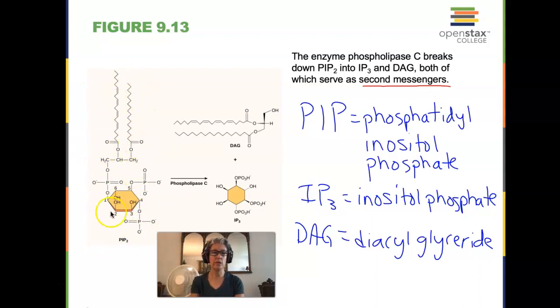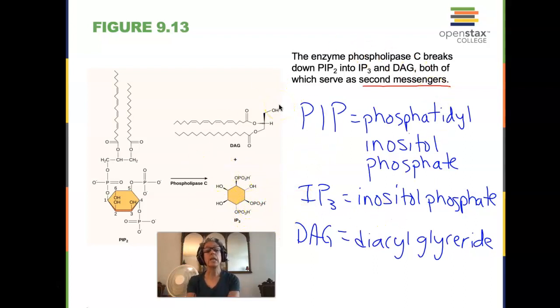But this phospholipid, here's the lipid, there are the phosphates, is acted upon by phospholipase C, and that generates diacylglyceride and inositol phosphate. And it's inositol 3-phosphate because there are 3 phosphate groups on it.